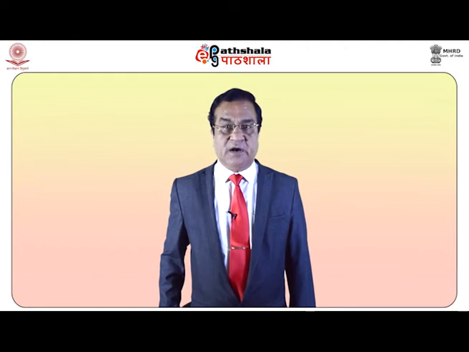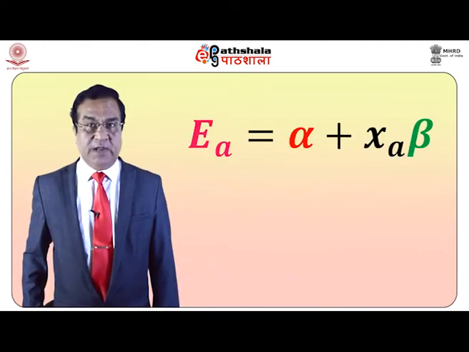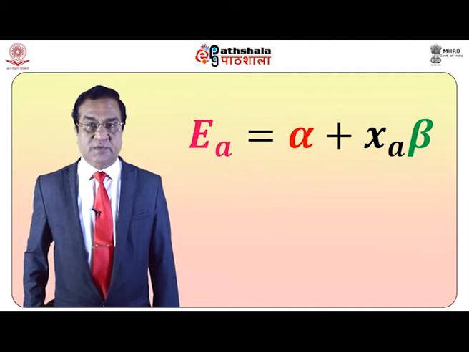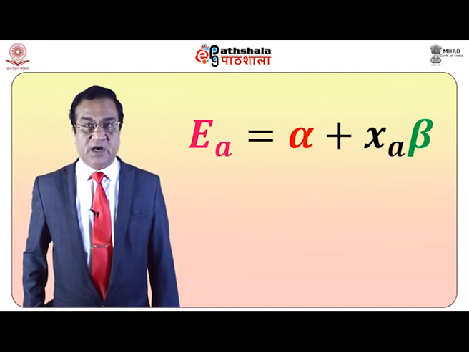The energy of any a-th molecular orbital is given by E_a equal to alpha plus x_a beta, where x_a is the a-th root of the polynomial equation which we get by expanding the secular or Huckel determinant.